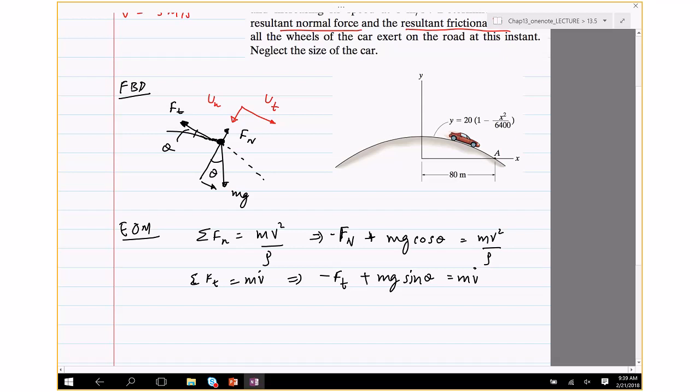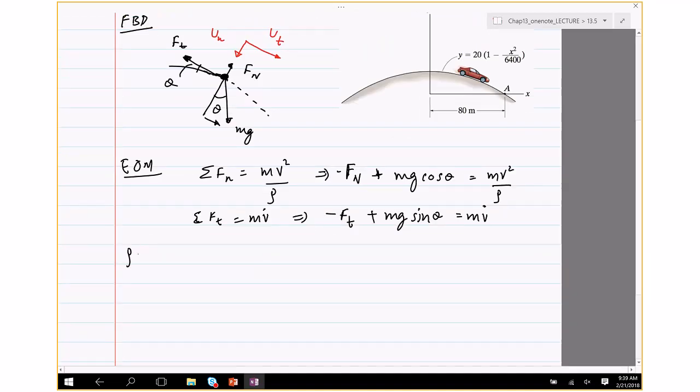Okay, so I need to find theta here. It's an unknown. And I need to find rho. So let's find those. So rho is 1 plus dy dx squared, the whole thing raised to 3 by 2, divided by d square y dx square, and tan theta is dy dx.